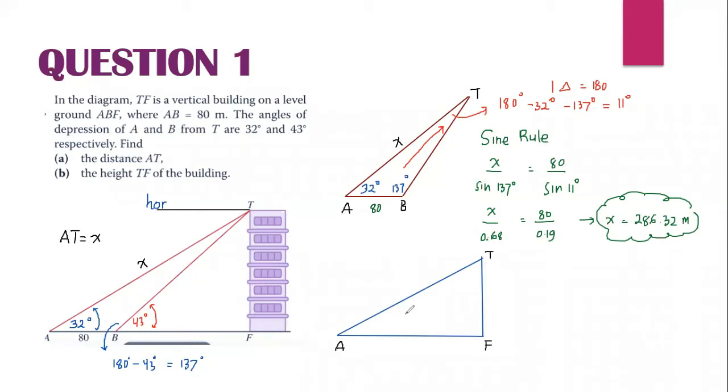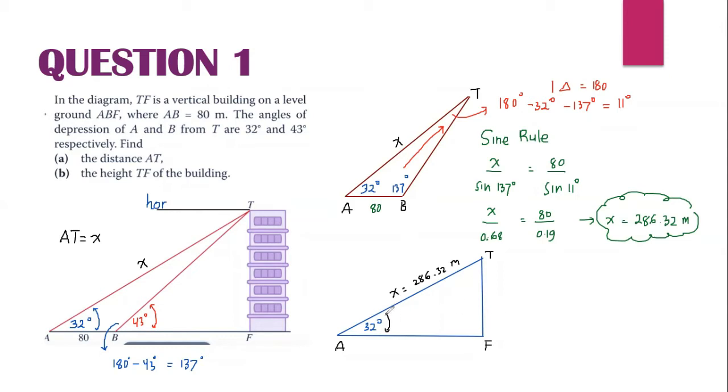The angle at A is 32 degrees. And then we know that x, already found, is 286.32 meters.